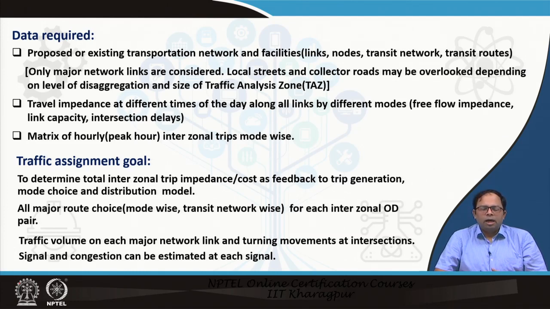But actually, when people do choose a route, they don't choose the local paths in the middle segment of the route. That means they start from a particular zone. At the initial part of the journey, they may use some local streets, and after that they get into a major corridor, major arterial maybe, or a sub-arterial, and then they carry on to their destination, and then again they will get into the smaller streets.